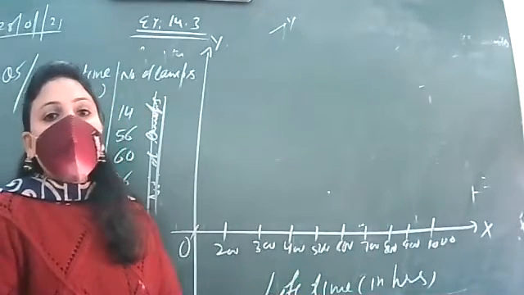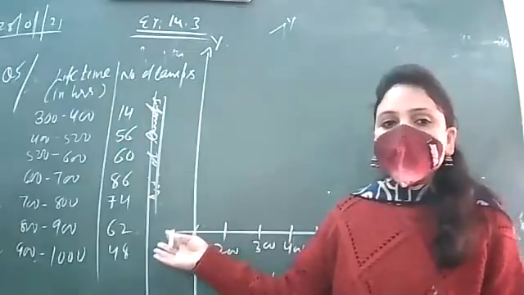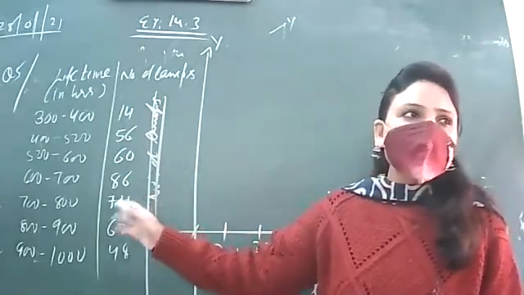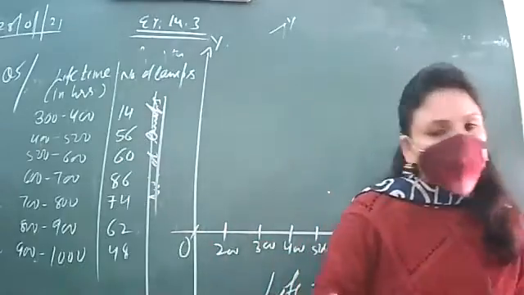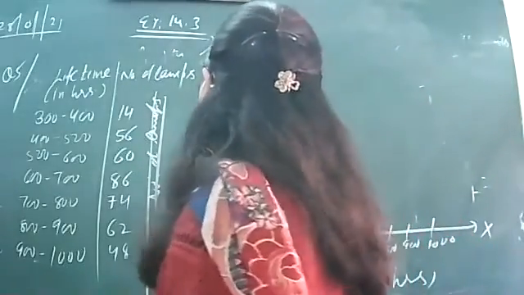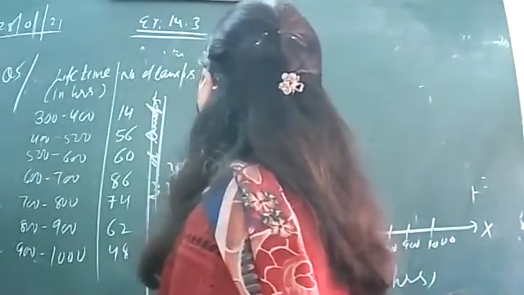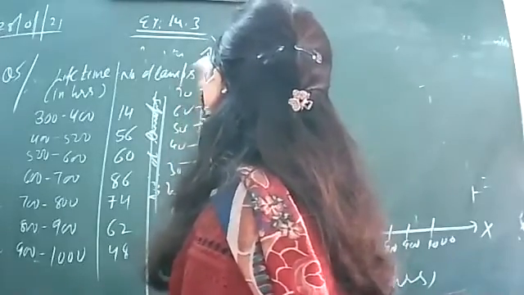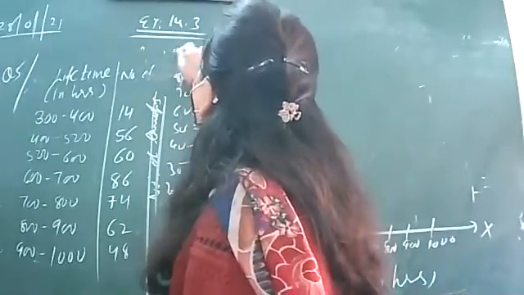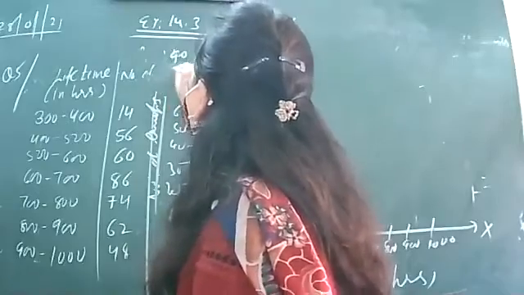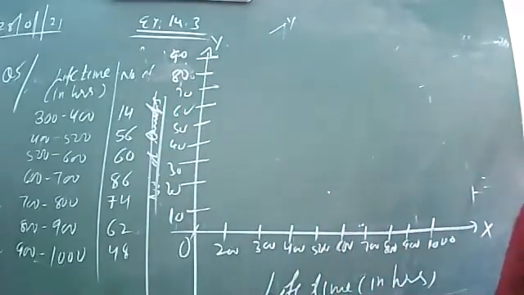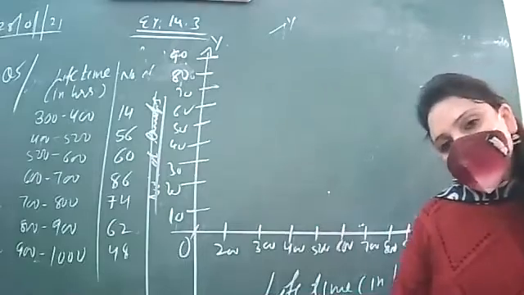If I look at the frequency, the minimum frequency is 14 and the maximum frequency is 86. Let us take the gap of 10 units. That is the most suitable gap. 10, 20, 30, up to 90 we have to write because we have to cover the maximum value, that is 86.